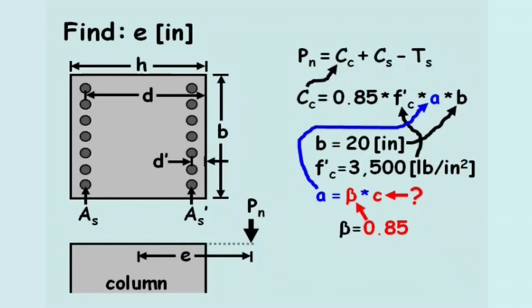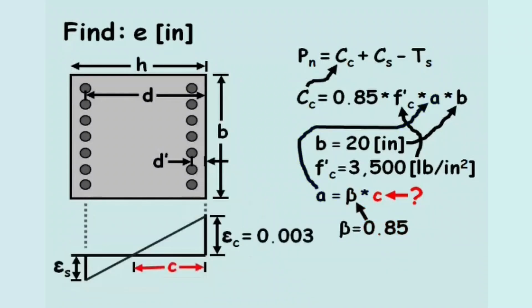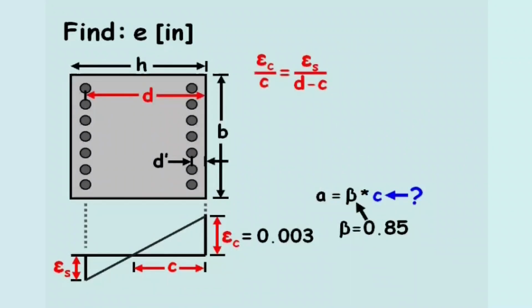To solve for the length C, we'll use strain compatibility. From the figure, we know the strain in the concrete, epsilon C, is to the length C, as the strain in the tension steel, epsilon S, is to the length D minus C. Solving for C, we get C equals D times epsilon C divided by the quantity epsilon S plus epsilon C.